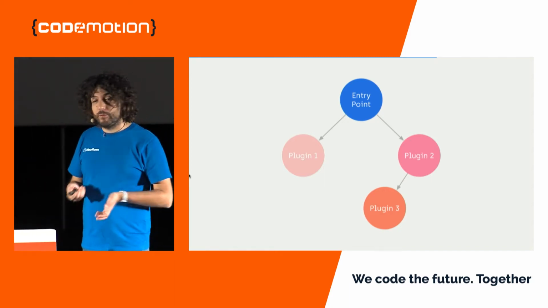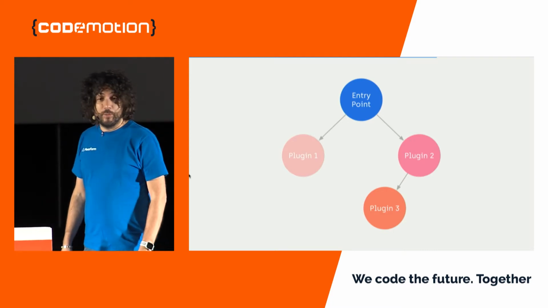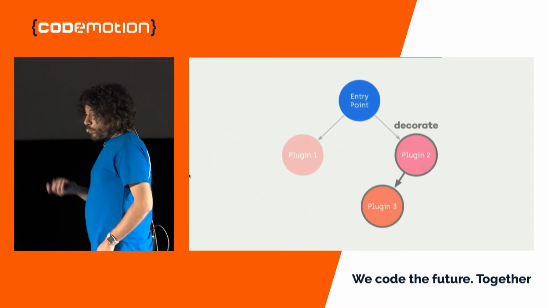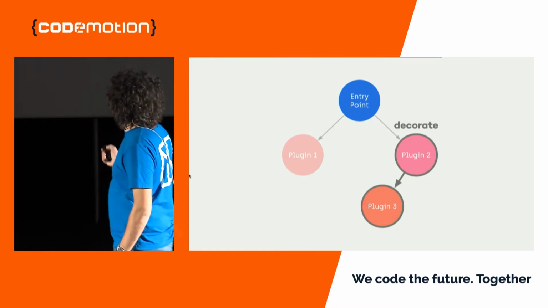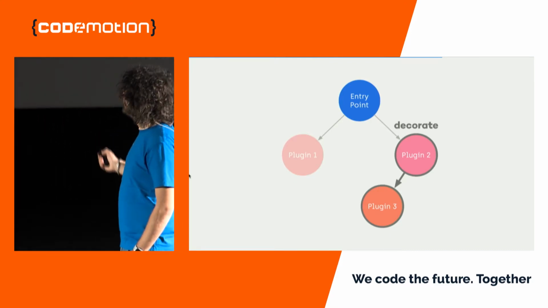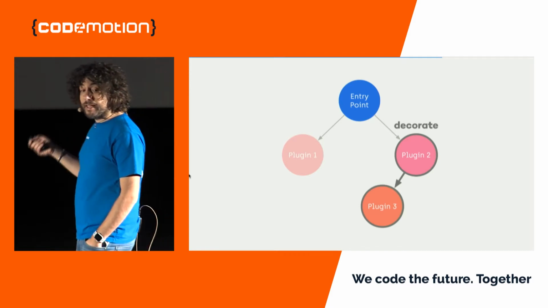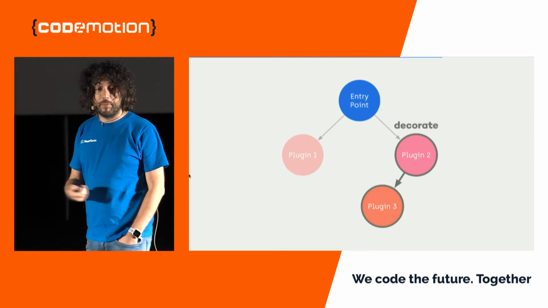Plugins are really, really cool in Fastify, and it's actually how things should be implemented. With a plugin, you can also use decorate. And with decorate, you can expose a functionality from one plugin to another, only descending. You can only expose something to the sub-plugins.